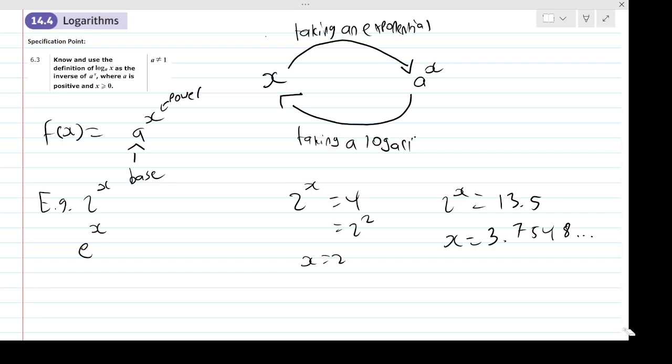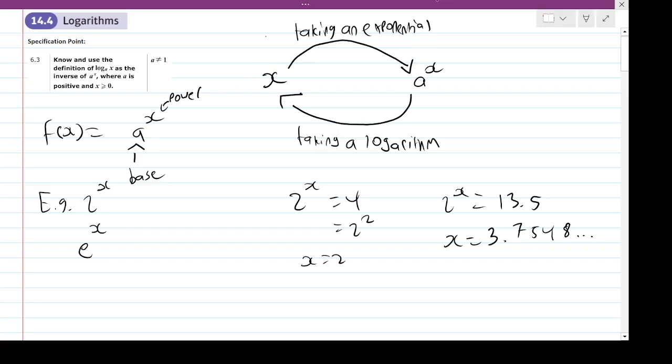A logarithm is the inverse of an exponential. So instead of raising a power of x, we're now going to undo that and try and find the power of x that is raised, like in these two instances here, where we're trying to find the power of x.